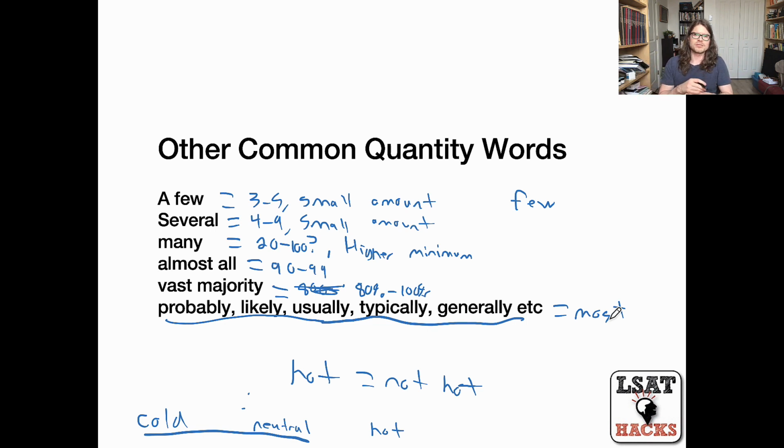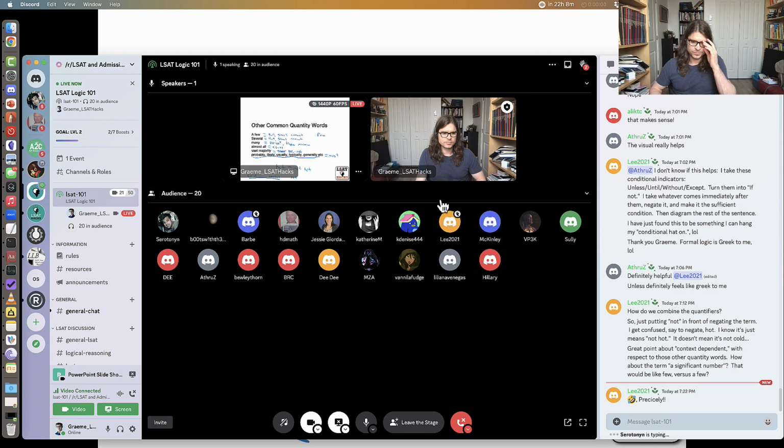I'd say it probably has to be more than 1, even though in reality, if any organ system is failing, that's very bad. Similarly, a significant number of nuclear reactors are in meltdown. That's also probably 2 because you don't want any to be in meltdown. But if I say a significant number of people are in this class, then that's going to be at least a reasonable chunk of the Discord is here.